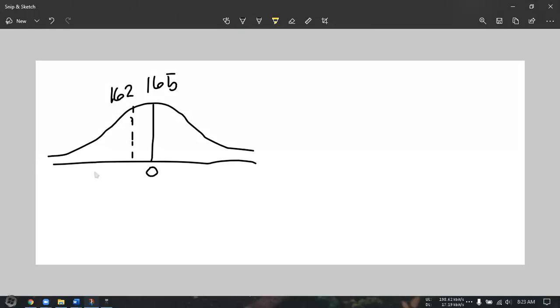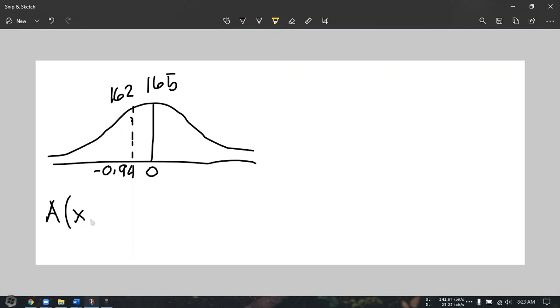Its z-score is negative 0.94. We are looking for the students whose height is taller than 162.